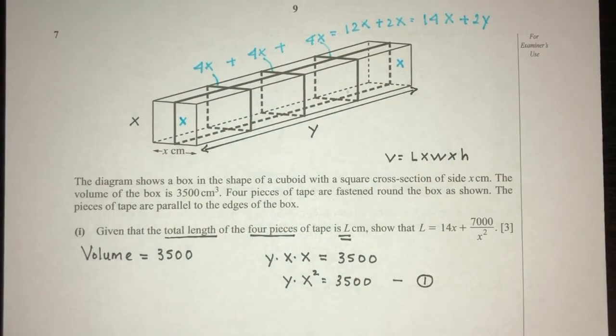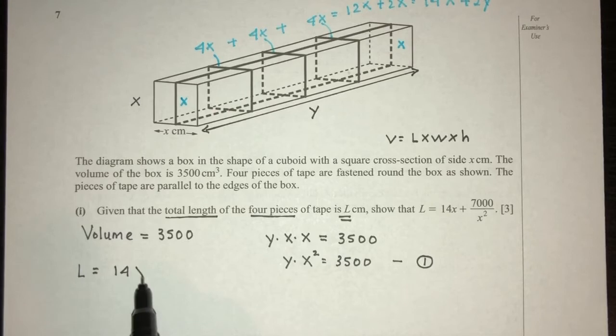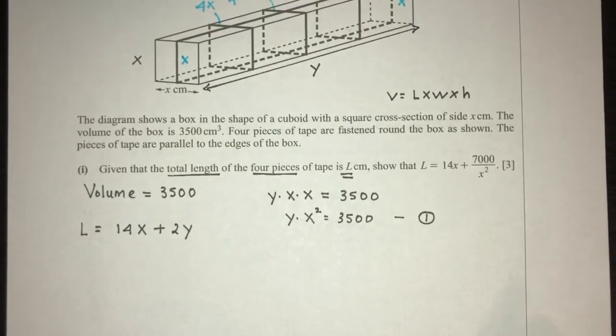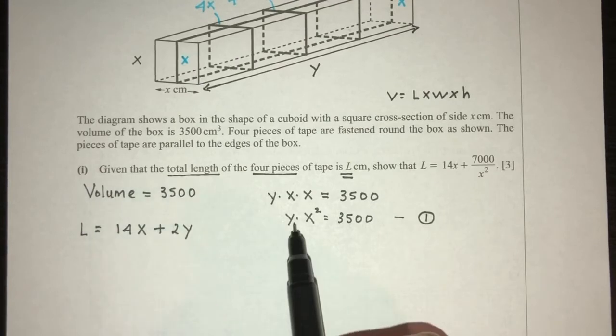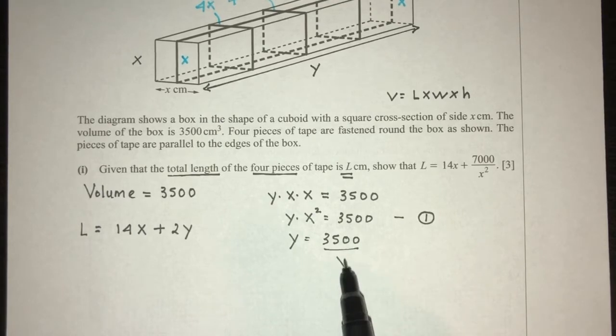Okay, so by observation, you have seen that the length L is equal to 14x plus 2y. So now we have to replace this value of y by this equation. So y is equal to 35 over x squared.